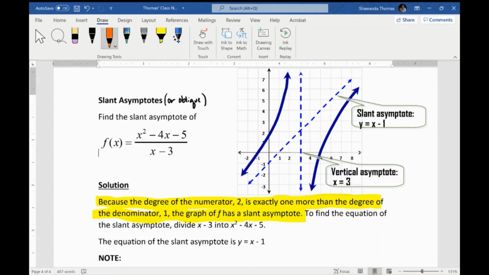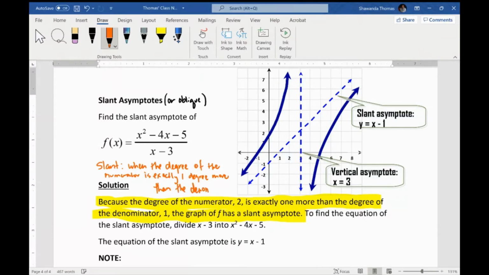So, again, slant, when the degree of the numerator is exactly 1 degree more than the denominator.